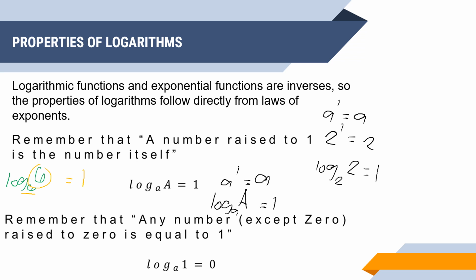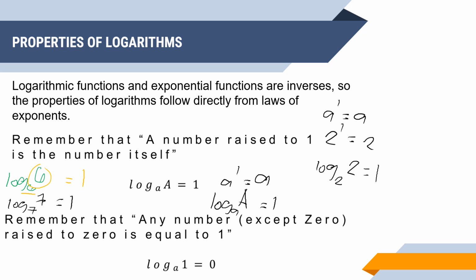Another example, log of 7 with base 7, is just 1. You can try whatever number you want, but if the base and the number after the base are the same, it will always give you 1.